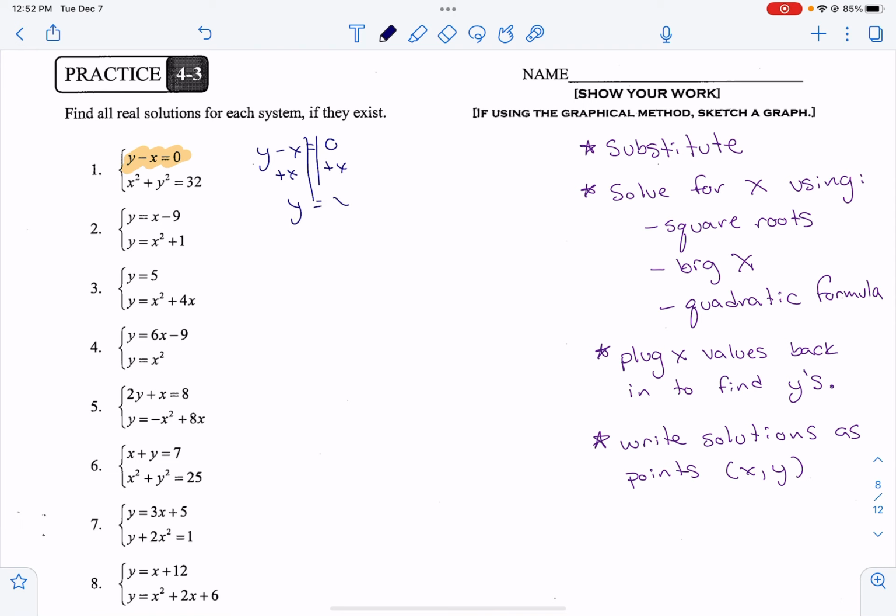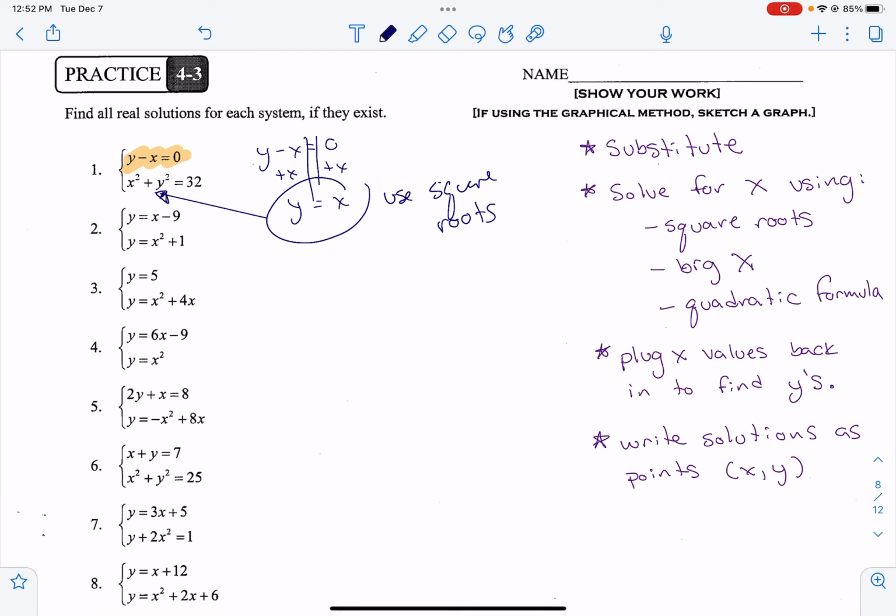So I end up with y equals x, which is kind of cool because you can plug that in right there for y. So you get x squared plus x squared equals 32, and you solve that. That one is kind of unique. You might use the square root method on number 1. You don't have to, but you might want to use the square root method on that one.